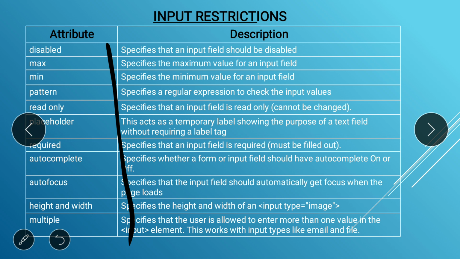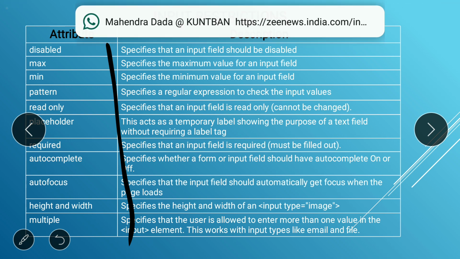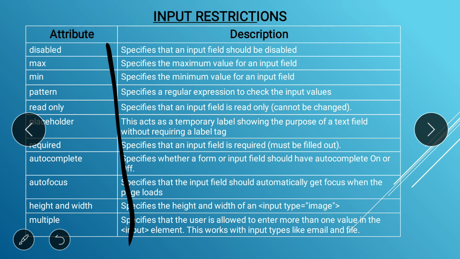So here some attributes are given. You can see max and min, attributes we already used in the range control and also in the number control. In the number tag we use the max and min attributes, and in the range control also.